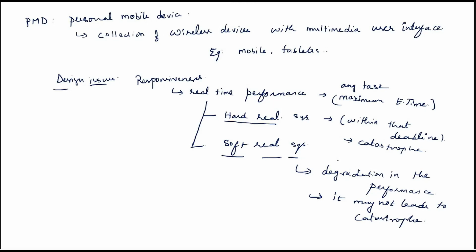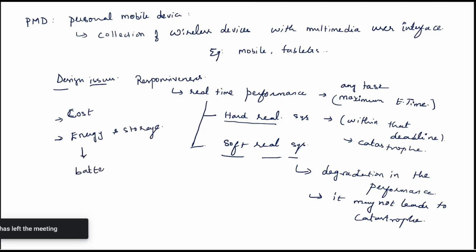So with respect to personal mobile devices, responsiveness is the major critical design issue. Other than that, two more design issues are cost, which is always a factor, and two other important things: energy and storage. Energy covers the battery and power consumption, and also battery storage.